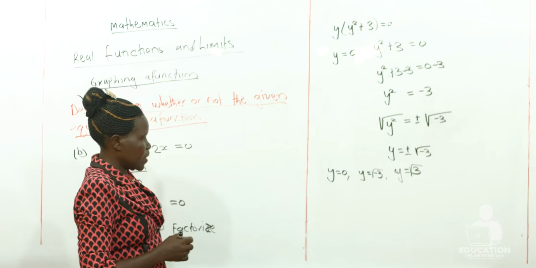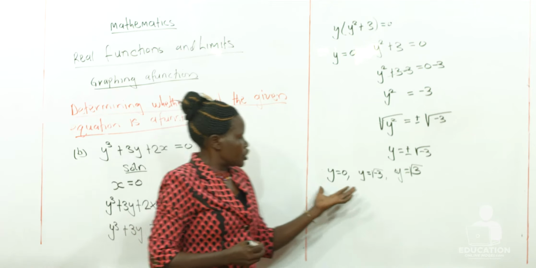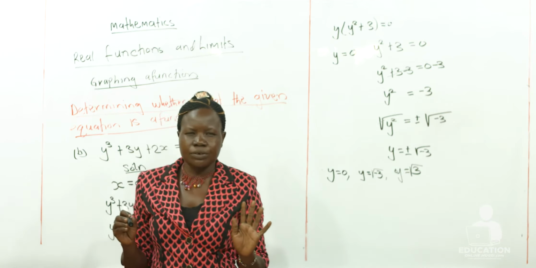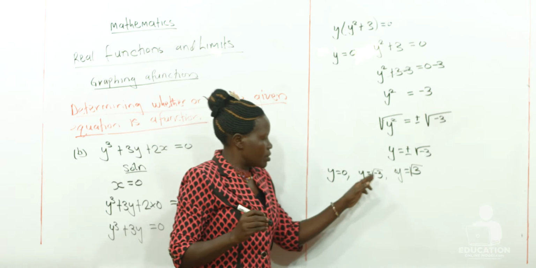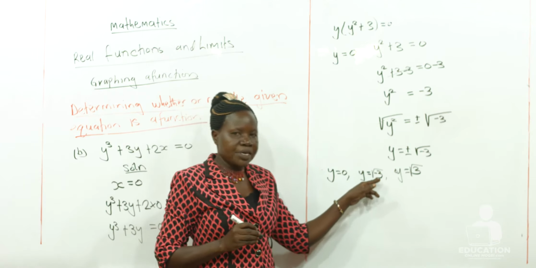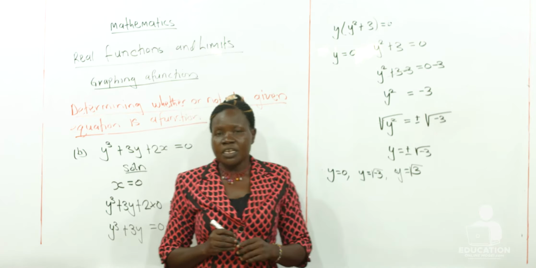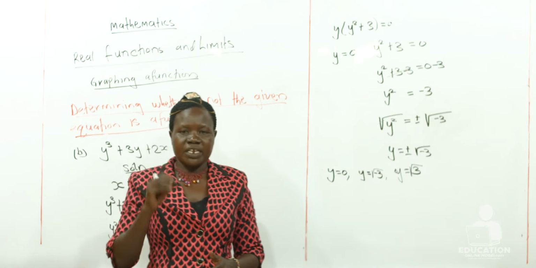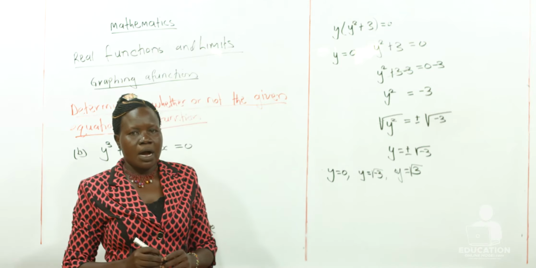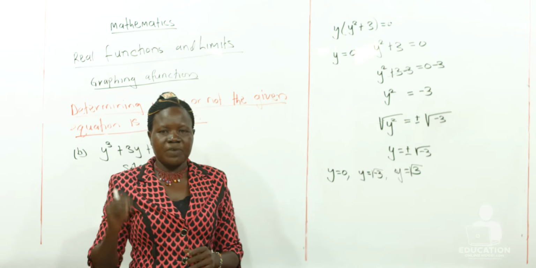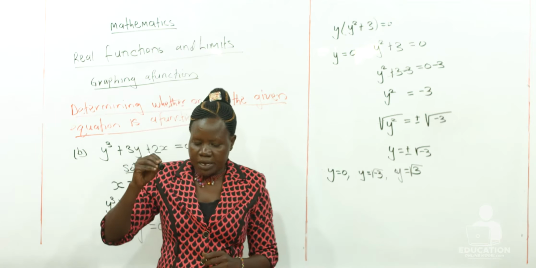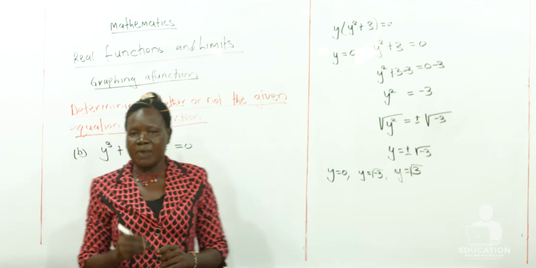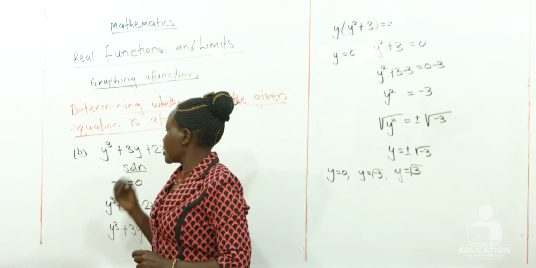What happened here, you will find that this automatically tells us the equation is not a function. Why? When you go deeper, we find that the outcome here, which is a root of negative 3, means a root of any negative is not a real number. And since it is not a real number, it means the equation does not qualify to be a function.